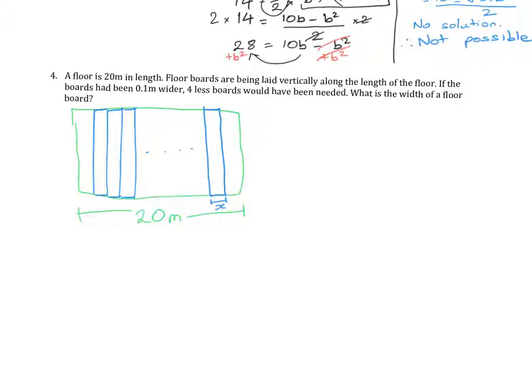So to make sense of this one, I'm going to introduce another variable as well. Basically, let's let x equal the width of a floorboard. The other thing I don't know is the number of floorboards currently when the width is x.